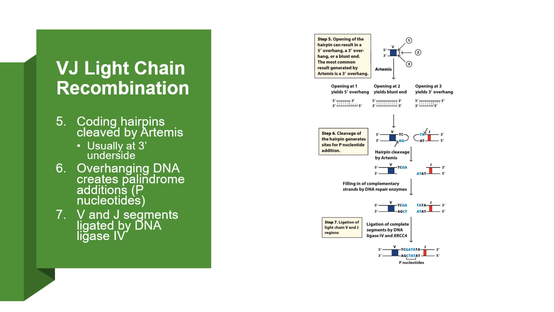And so you've got those 3 arrows, 1, 2, and 3, pointing at 3 different spots along that hairpin loop where the enzyme Artemis can actually create another nick in the DNA. Typically, not always, but typically, the most common location for Artemis to actually do this cleavage is at the 3' site, so the bottom edge. Kind of on the underside.